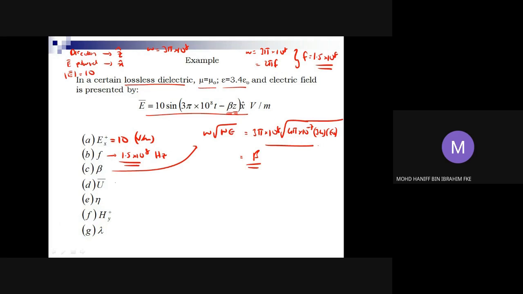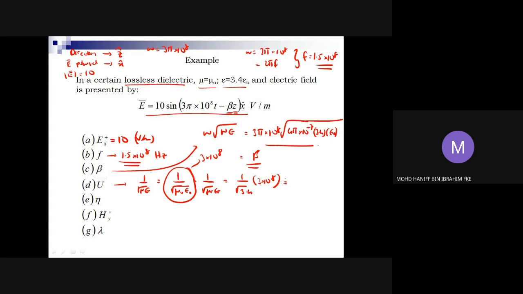How about the velocity u? This is the velocity of the wave, and that should be based on 1 over root of mu epsilon. We're going to have it as 1 over root of mu naught multiplied with epsilon naught, and this will be multiplied with 1 over root of mu r epsilon r. From here we have 1 over root of 3.4, this is the epsilon r value, whereas mu r equals 1, multiplied with 3 times 10 power of 8, because this is the velocity in free space.